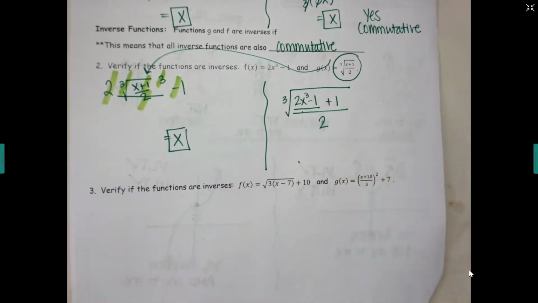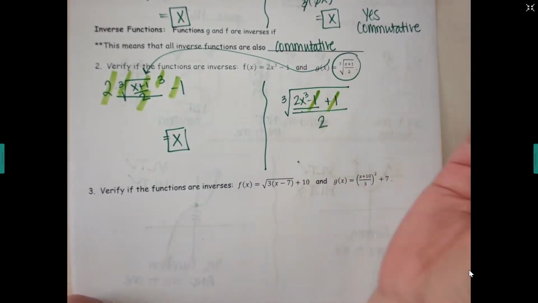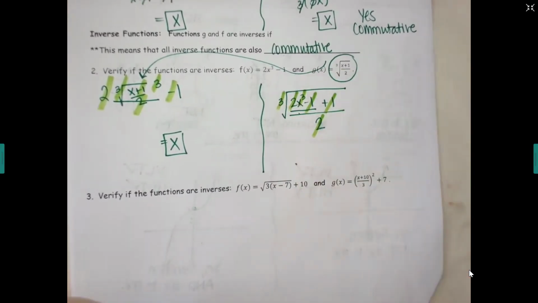And then basically just everything should cross out. So let's see if it does. Minus 1 plus 1, what happens? Okay, then I have a times 2 and a divide by 2. And then I have a cube and a cubic root. Cancel out, leaves you with just an x.